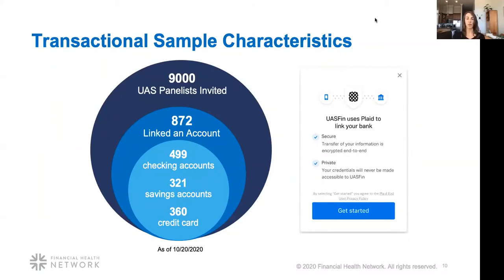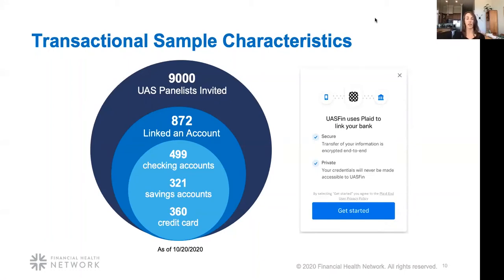Before I move on, I do want to offer up one way to think about this data, and it's the extent to which it's nationally representative. Any insights that we share that are based on the survey data sample, that are based on individual survey responses, are indeed nationally representative. They can be construed as representative of sentiments across the entire country. The transactional data insights, though, are not fully nationally representative.